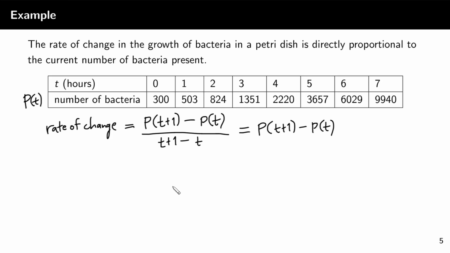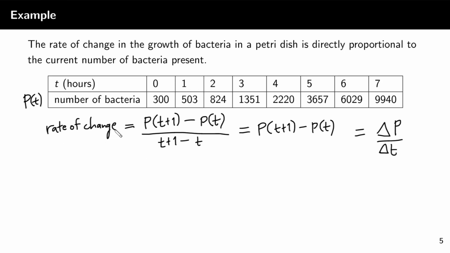Okay. But, just for illustration purposes, I'm going to write this. Okay. Suppose iba yung increments ng time ninyo, hindi 1. We're going to write P of T plus 1 minus P of T as delta P. And then yung change in time naman will be delta T. Okay.